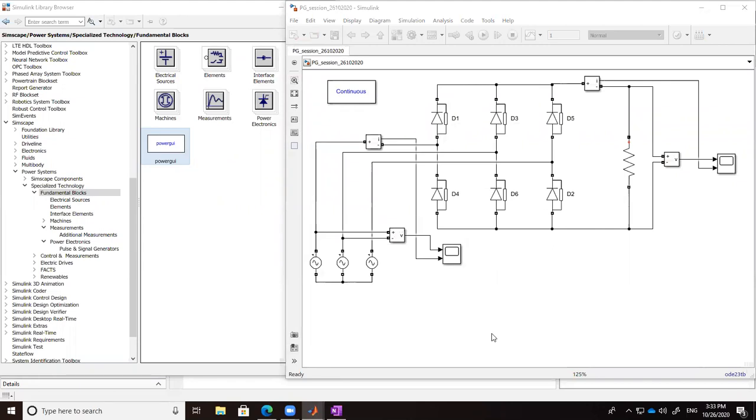Just have a look at the diagram and let me know if you have any confusion. So is it clear?